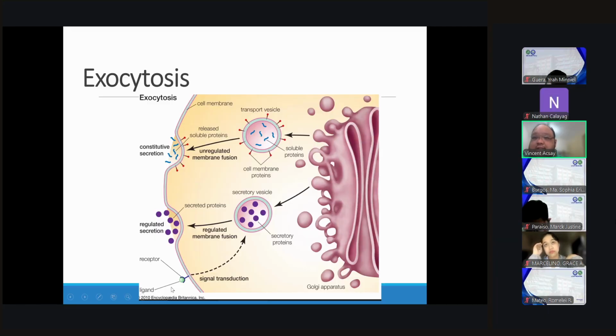Exocytosis can be modulated by hormones and other receptors that can use ligands, or can use steroids by entering through the plasma membrane itself. Okay.